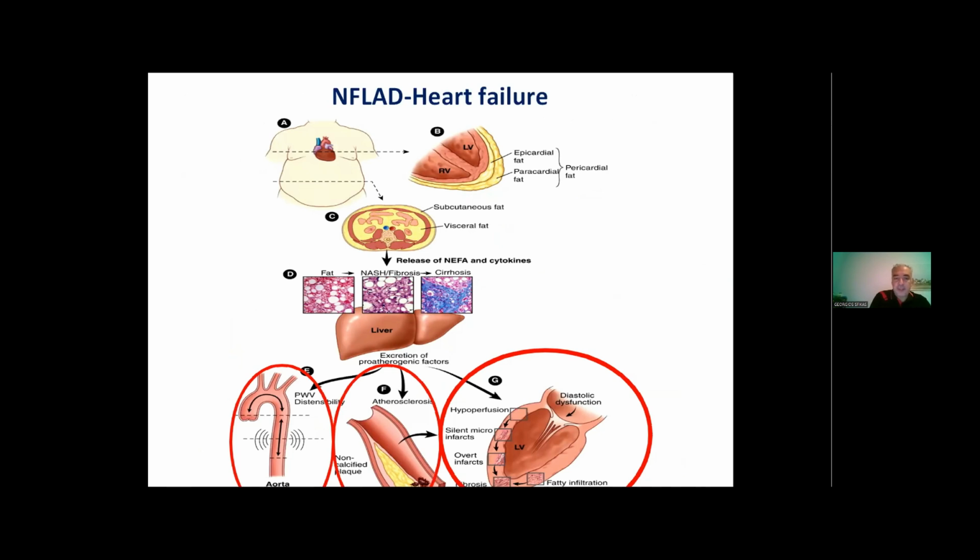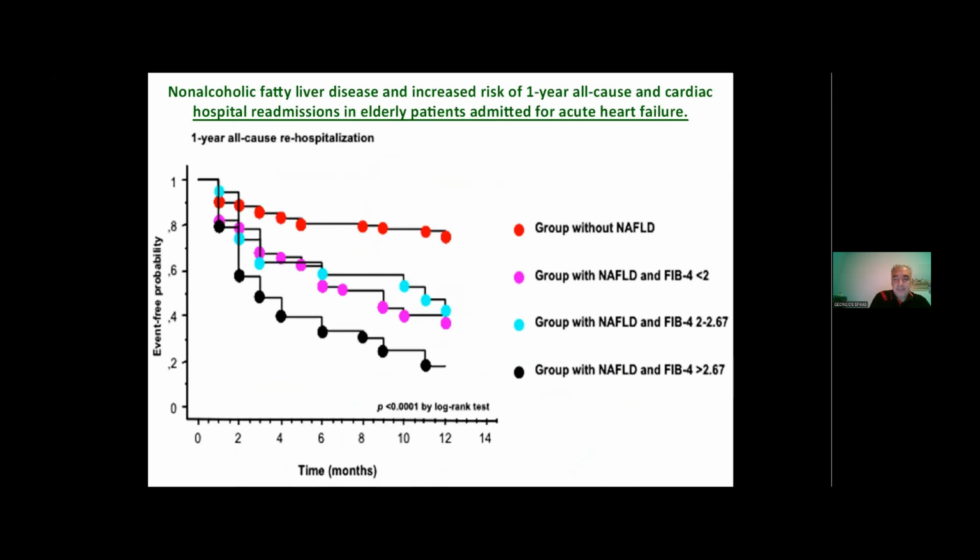And the result of all this, of course, is an elevated level of atherosclerosis, a heart failure. So what we see here more clearly is that non-alcoholic fatty liver disease is strongly related to cardiac hospital admission and to the survival of the patients that have heart failure.